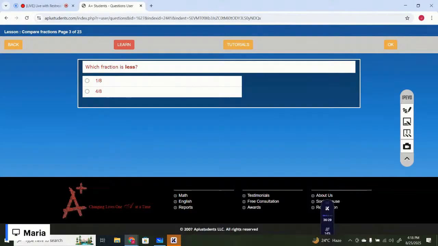Which fraction is less, 1 by 8 or 4 by 8? So which is the correct option? 1 by 8 is less than 4 by 8. Very good. Option number 1 is the correct option.